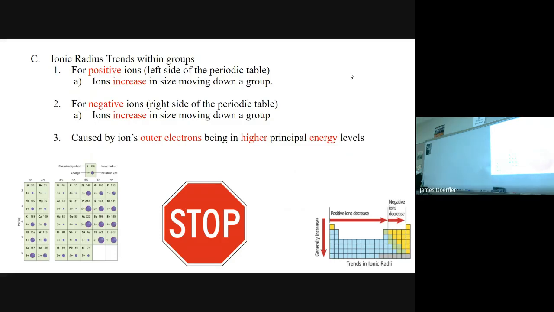Let's look at magnesium and calcium, right here. Who would have a larger atomic radius, magnesium or calcium? Just neutral atom atomic radius. What do you think?